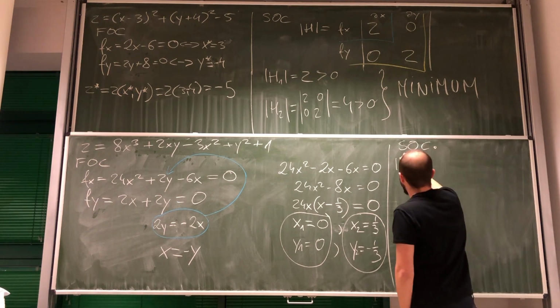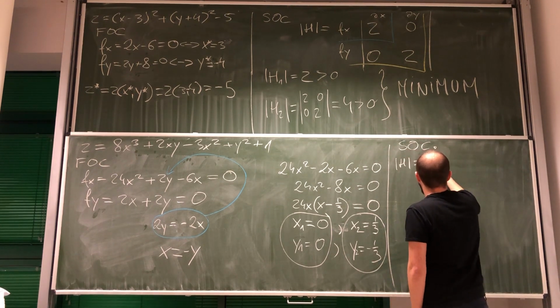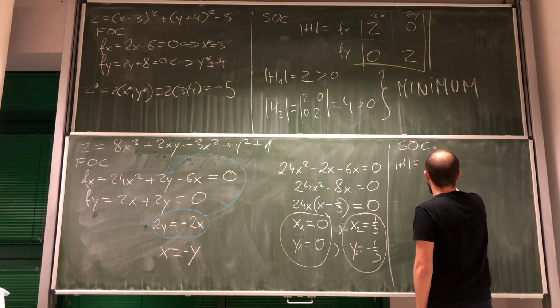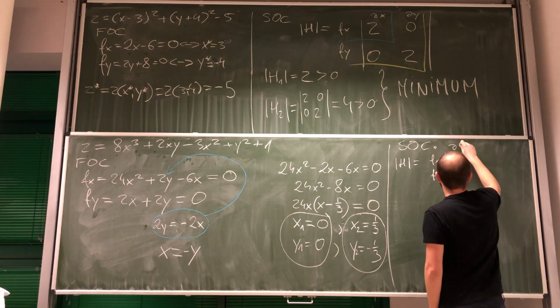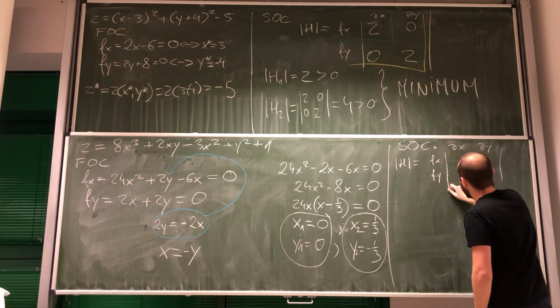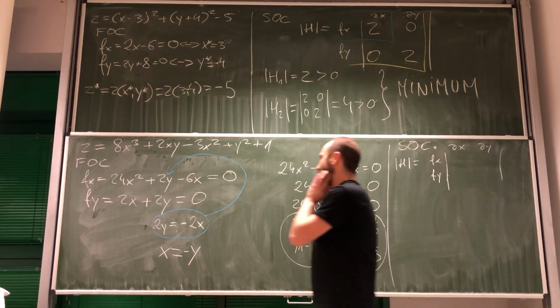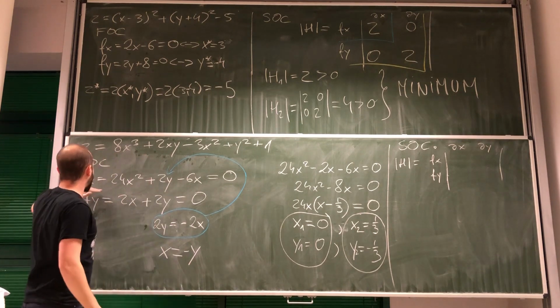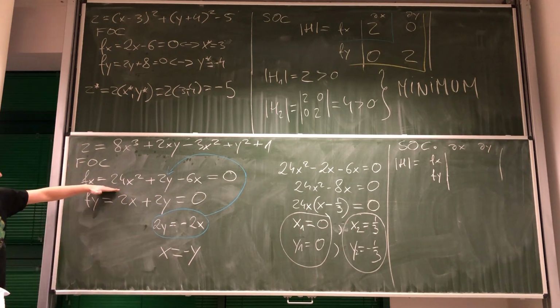So we need to find a Hessian. We've got fx, fy, differentiated with respect to x, differentiated with respect to y. Okay. So now we differentiate this first with respect to x.